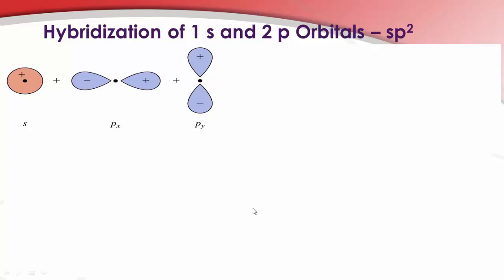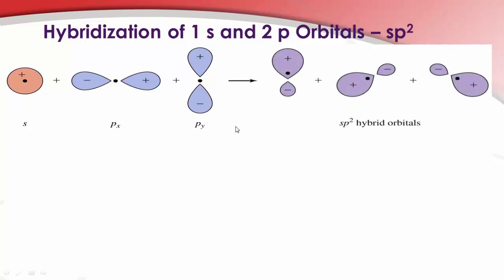And then we see hybridization of this type. So if we're only bonding three, we see an s hybridizing with px and py to form a different kind of hybrid orbital, an sp2 hybrid. So these look similar, but they have some differences.